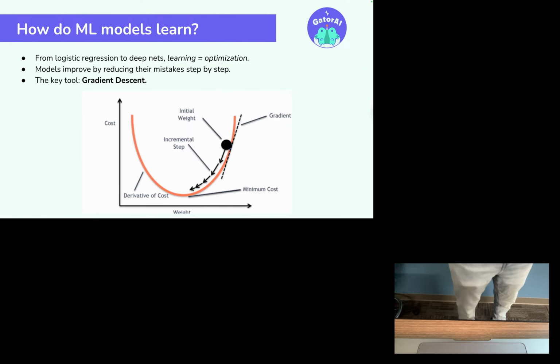Whether it's logistic regression, a deep neural network, or something like ChatGPT, an LLM, a large language model, at the very core they all share one idea, and that idea is optimization. We're trying to optimize it to be as efficient as possible. The continuous process of optimization, or improving, is the main purpose of machine learning.